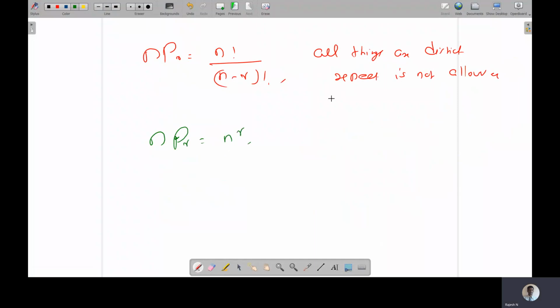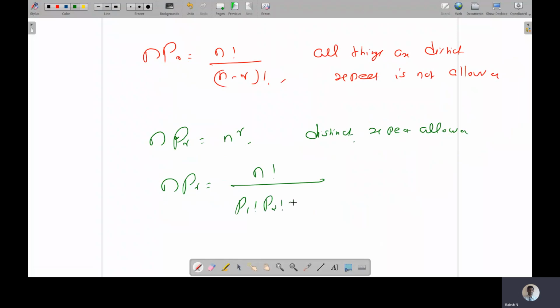Here all things are distinct, and repetition is allowed. Next, nPr is equal to n factorial by P1 factorial into P2 factorial, etc., Pn factorial. Here the total n is the same. Unlike Allahabad, two A's are there or three A's are there, like that. So that's about permutation, some problems.